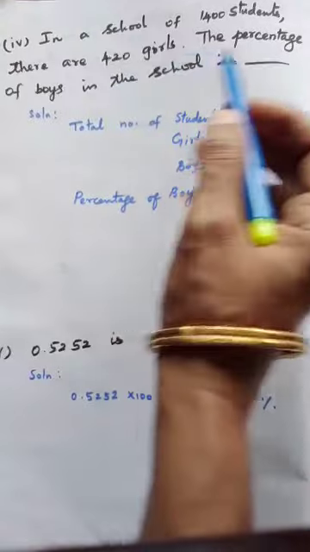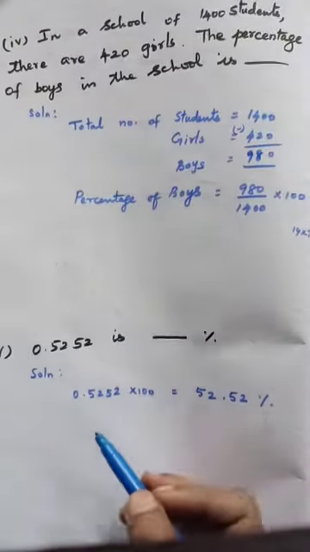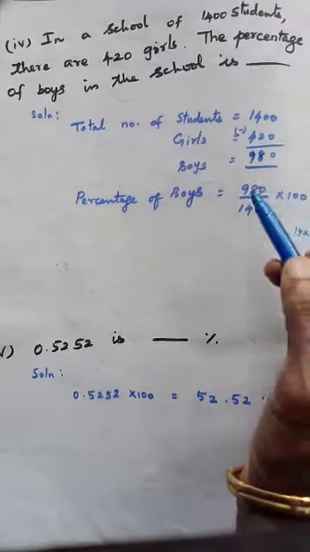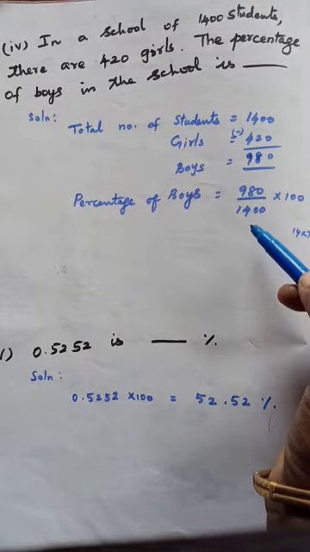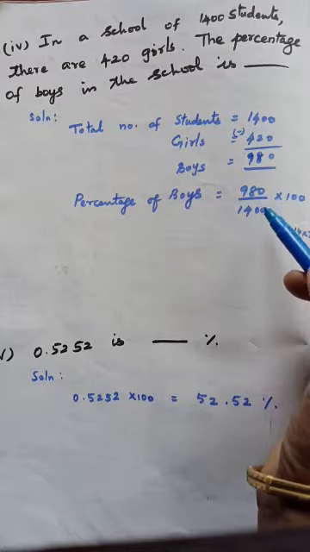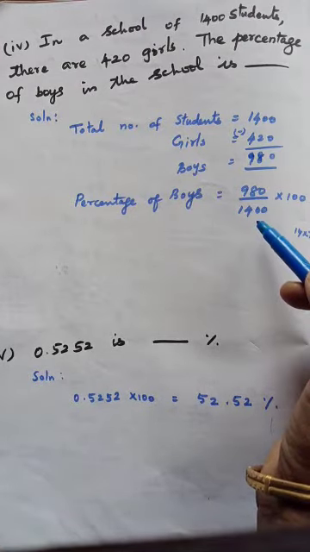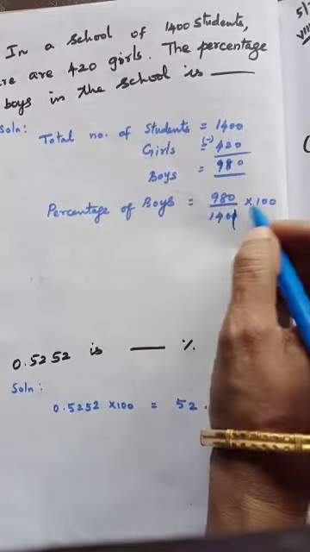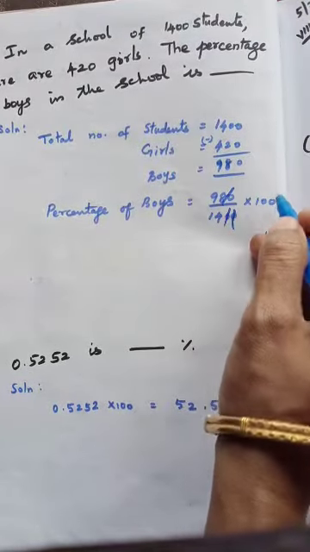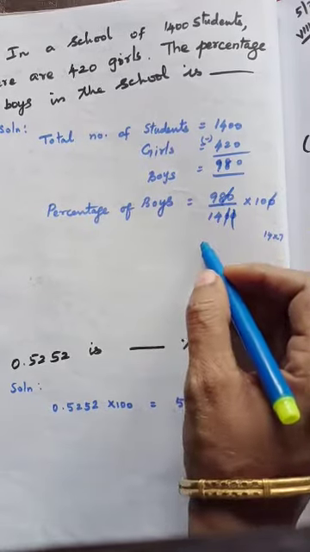Okay. Now you have to say the percentage of boys in the school. For how many, 980 boys? 1400 students, 980 boys. So 980 by 1400 into 100. Now we can cancel 1 0, 1 0 here. Okay.